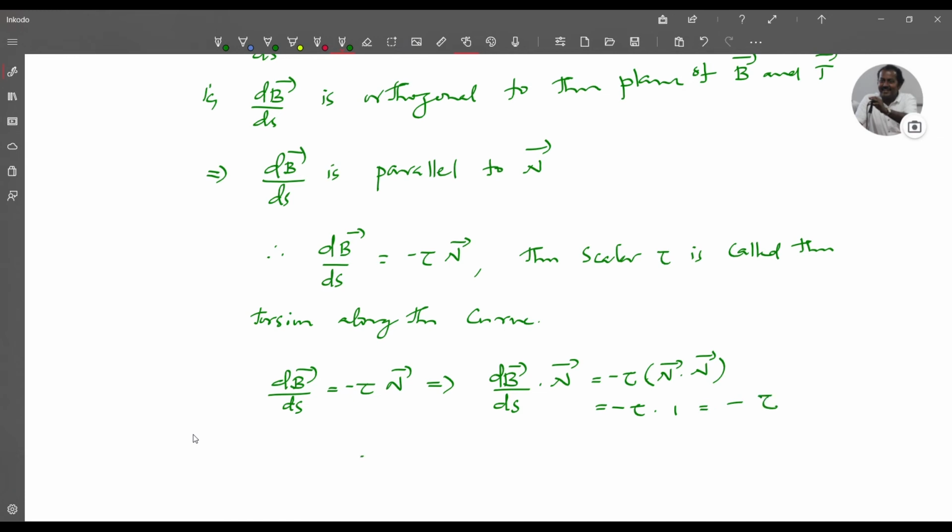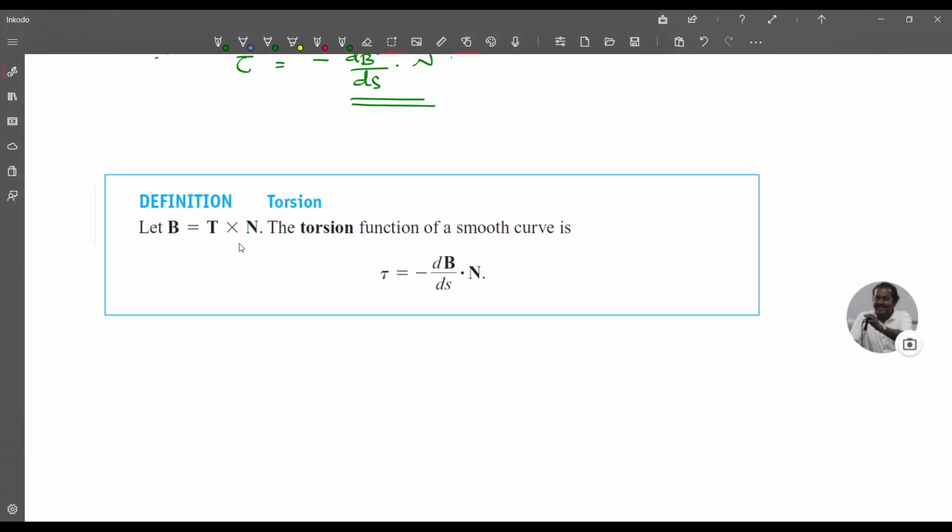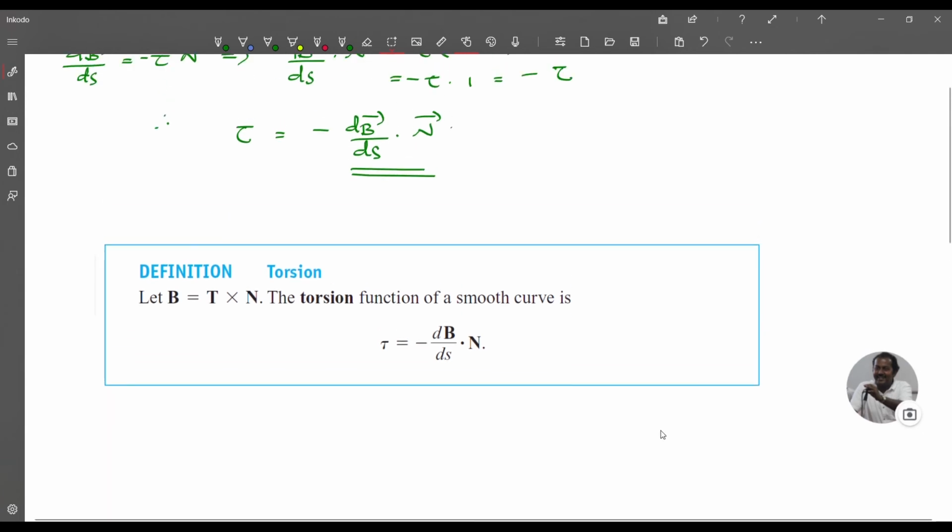Therefore, tau equal to minus dB/ds dot N. So this is the definition for torsion. Thus, we have, let B is equal to T cross N, then the torsion function of a smooth curve is tau equal to minus dB/ds dot N.